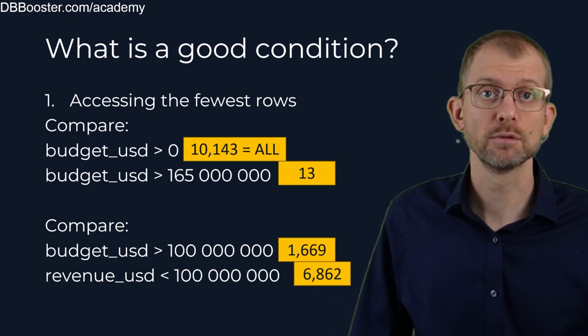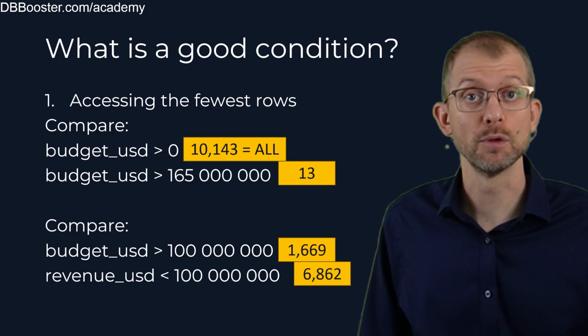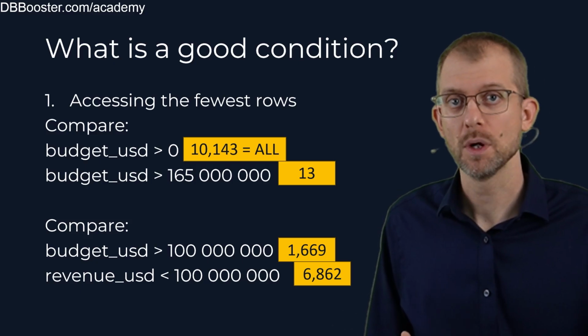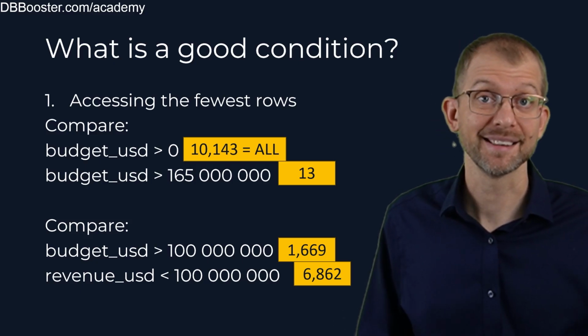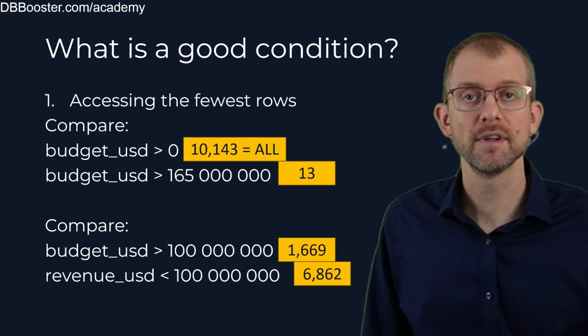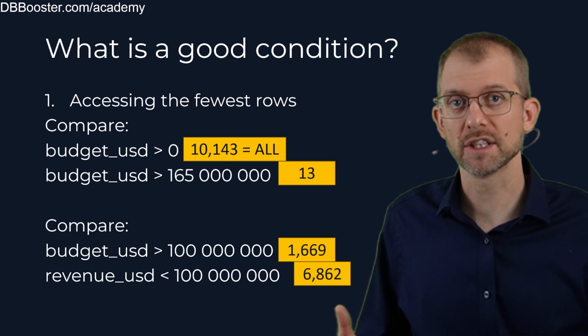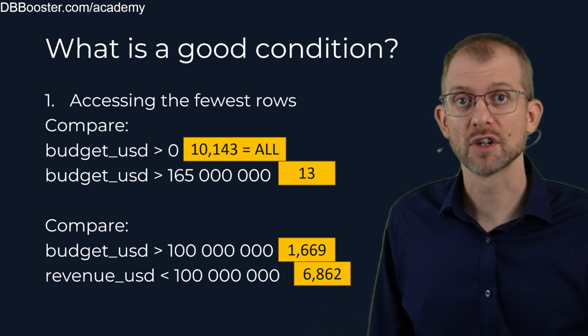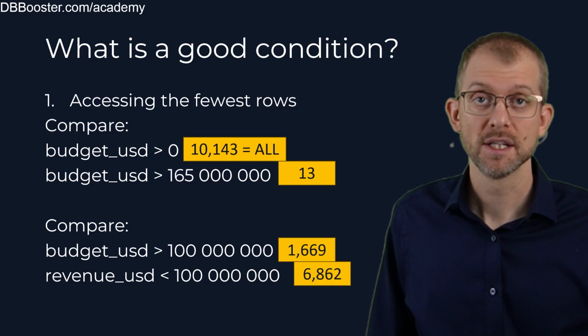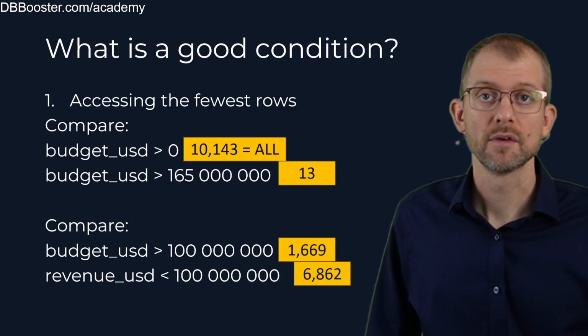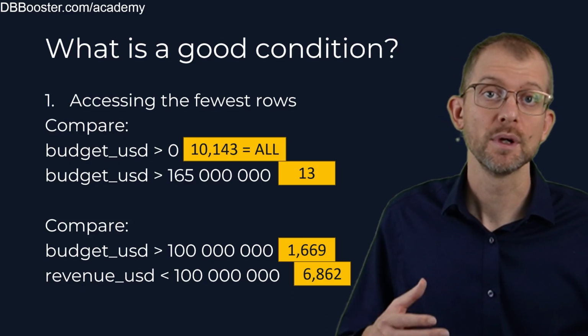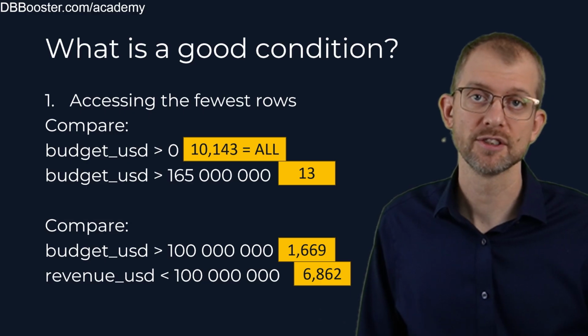So we prefer to start with the one that returns fewer rows, budget greater than 100 million. But again, that depends on the parameter value. If we change it to the budget greater than 0, it would return everything. The amount of accessed or returned rows describes how selective our condition is.